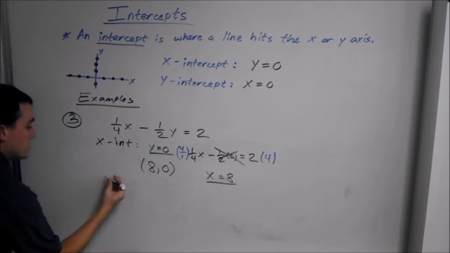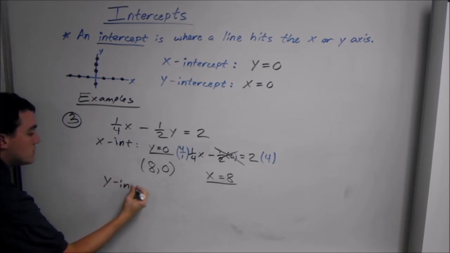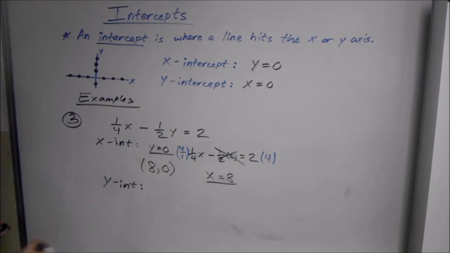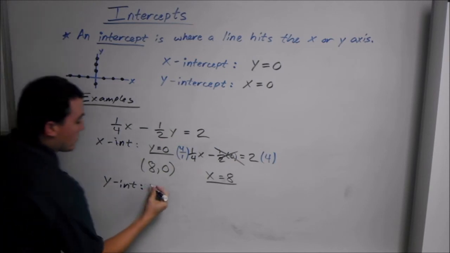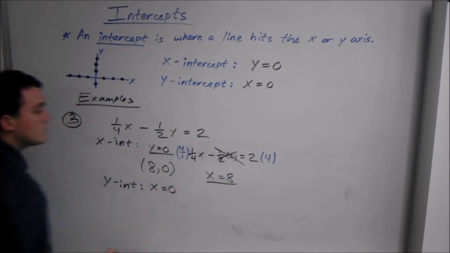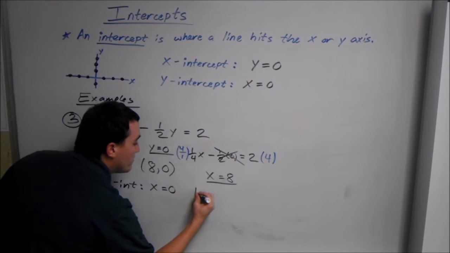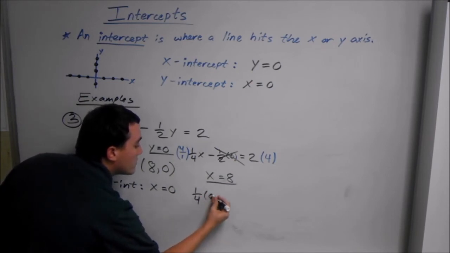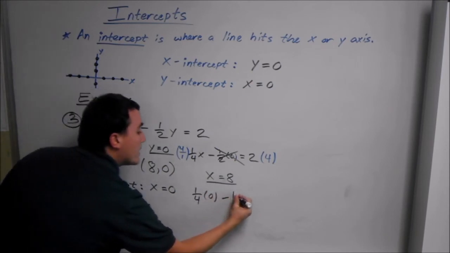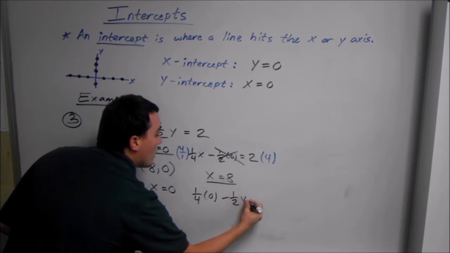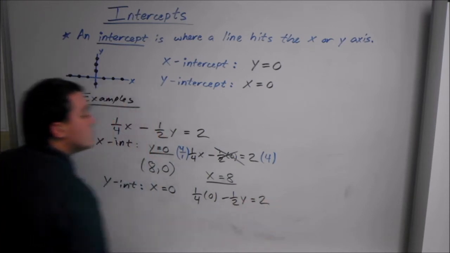Our y-intercept, we plug in x equals 0. So we get 1/4 times 0, which is just going to go away, minus 1/2 y equals 2.